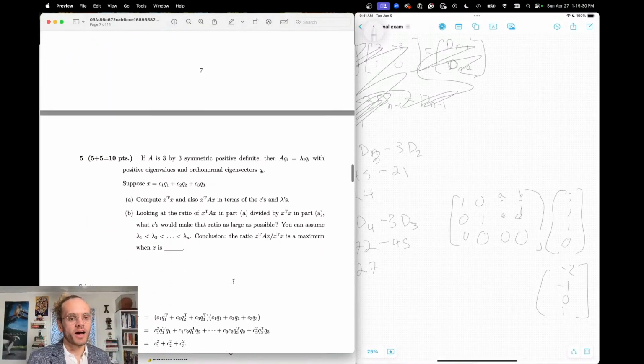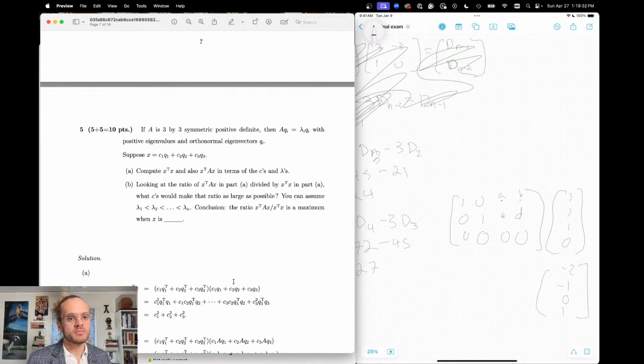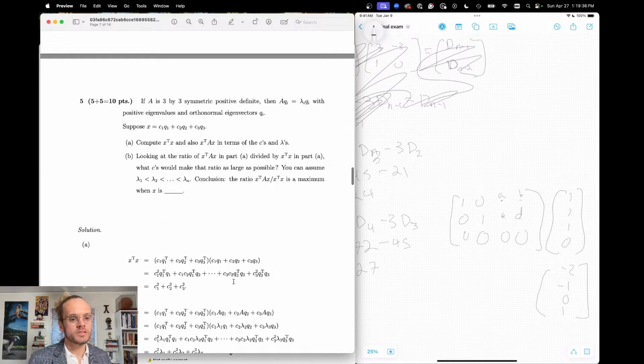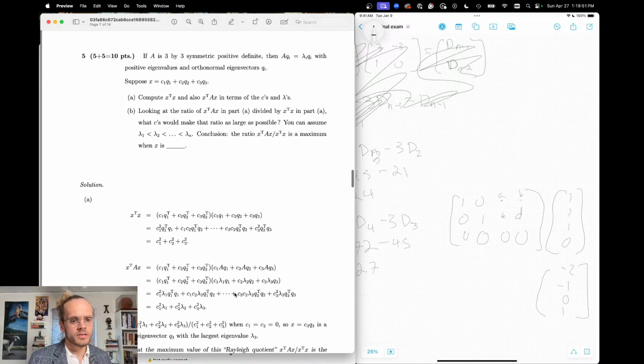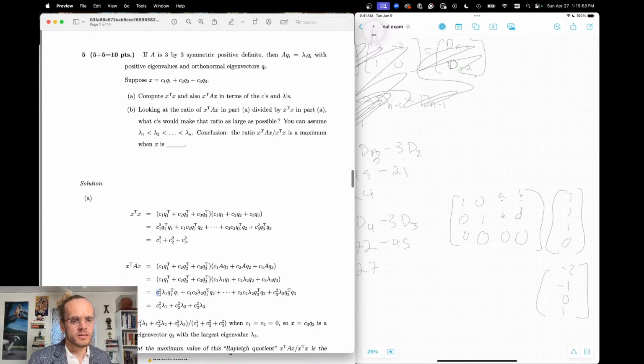Okay, number 5. If A is a 3x3 symmetric positive definite, so I need to see how they computed these things. So they said C1 Q1T plus C2 Q2T plus C3 Q3T plus C1 AQ1. So just this messy algebra.